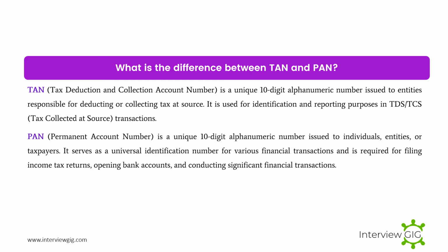PAN, Permanent Account Number, is a unique 10-digit alphanumeric number issued to individuals, entities, or taxpayers. It serves as a universal identification number for various financial transactions and is required for filing income tax returns, opening bank accounts, and conducting significant financial transactions.